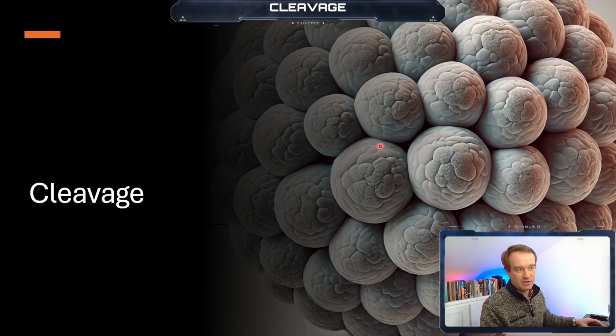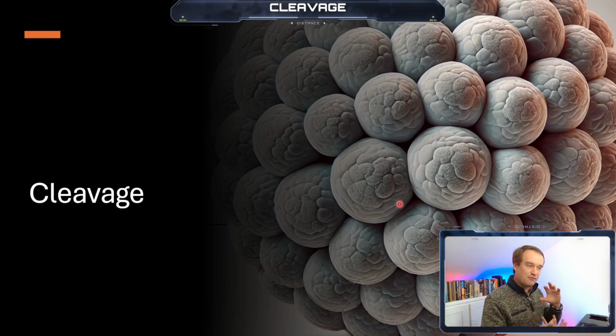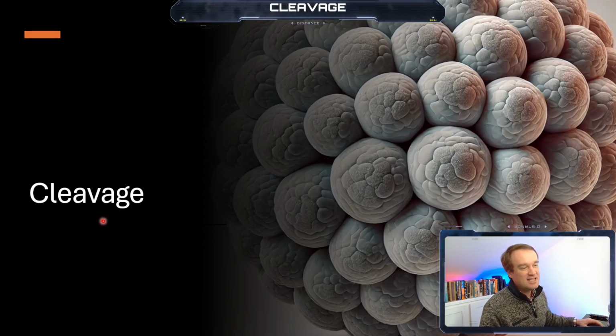But imagine that each one of these is a cell. And so it forms this little ball that will start to differentiate, and we'll make a blastula and a blastocoel, and then etc. We'll go through these phases, but decent representation. But let's get into it a little more here.